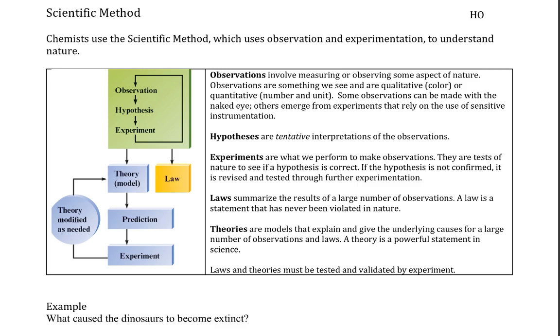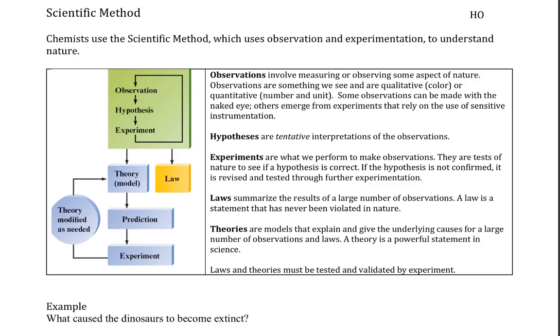A law summarizes the results of a large number of observations. More and more experiments are done to very much verify our hypotheses, and that then is our very systematic method of understanding nature.